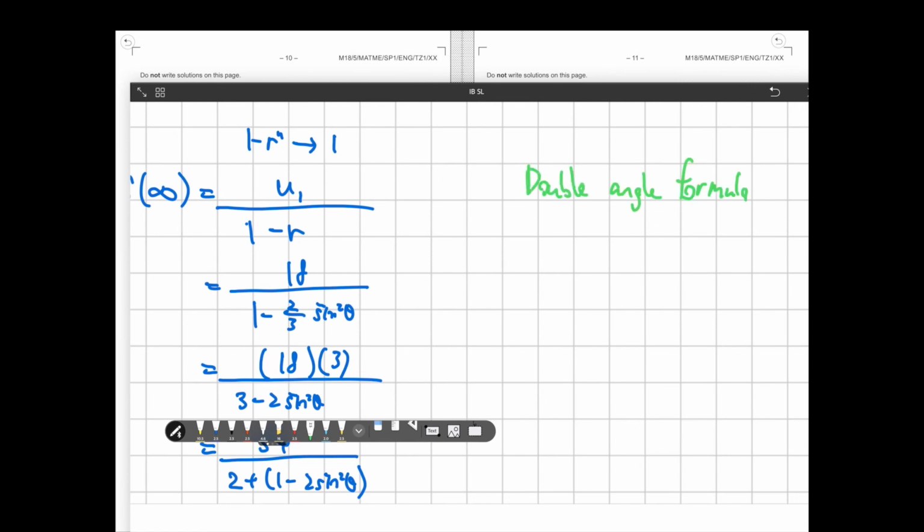So what I'm now doing is that we know that cosine 2 theta is equal to cosine square theta minus sine square theta, right? And then we know the cosine square theta is just 1 minus sine square theta, minus sine square theta now. So we have 1 minus 2 sine square theta.